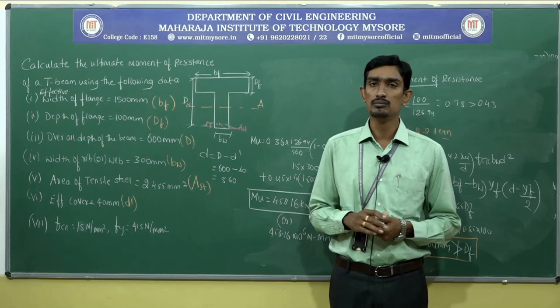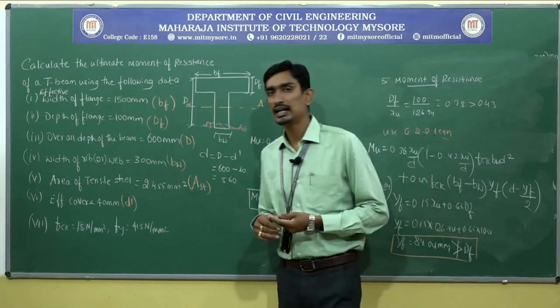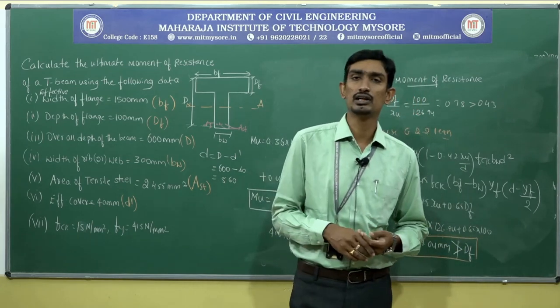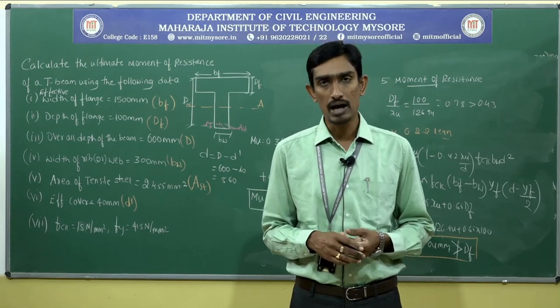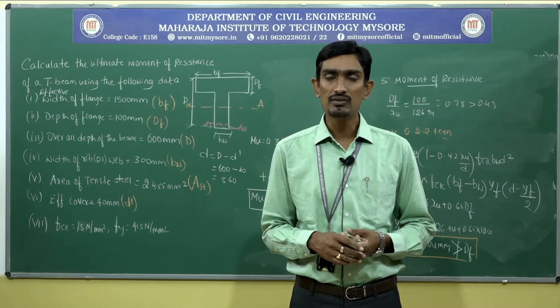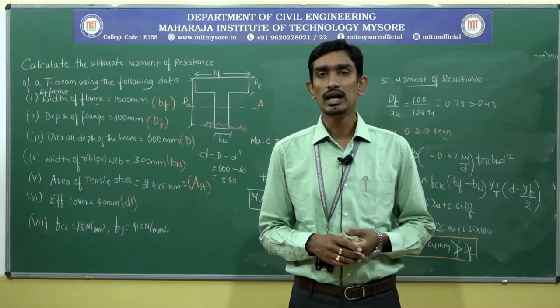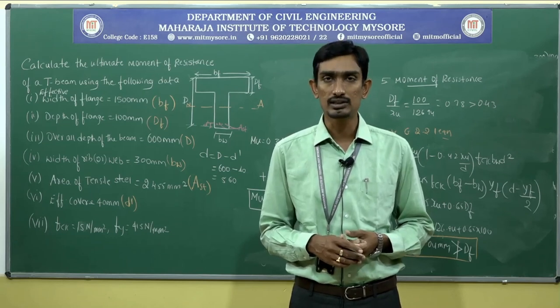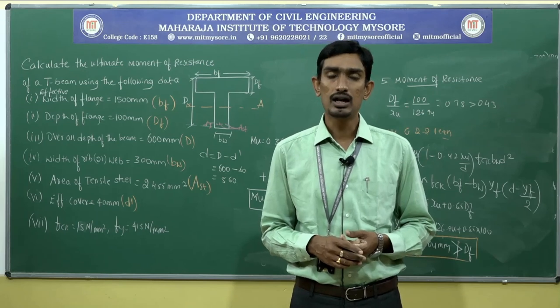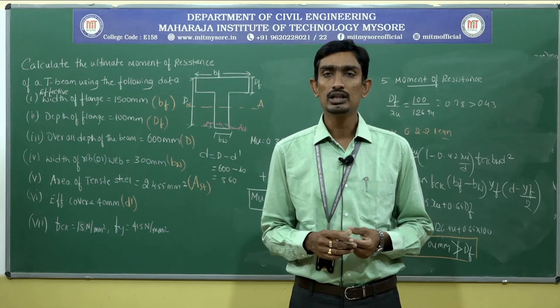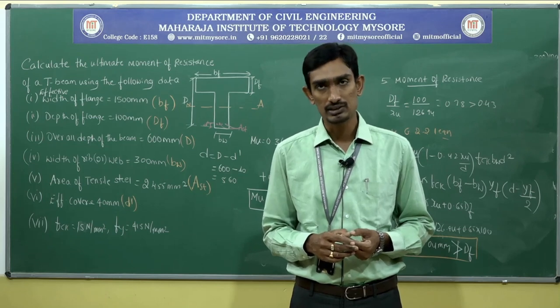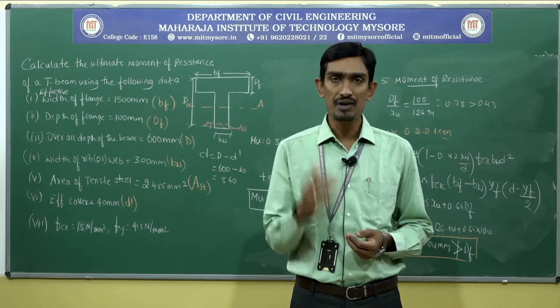In the given problem, first we need to decide the section. The section can be decided by comparing Xu and Xu max. Hence, step number 1 is calculating the depth of neutral axis, that is Xu. First I assumed that the neutral axis lies within the flange, but the condition failed.